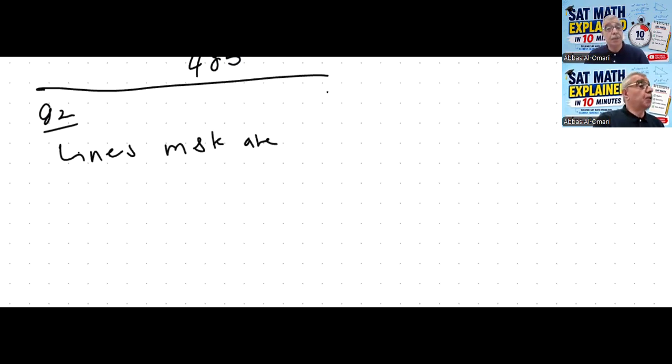This sign means perpendicular. It's important to understand the question before solving it, so this is why I'm going through the details. So we are given two straight lines, M and K, which are perpendicular. And we are given the equation of K in the xy plane. The equation of K is 3y minus 9x equals 12.